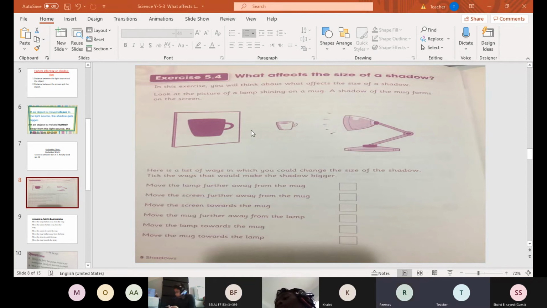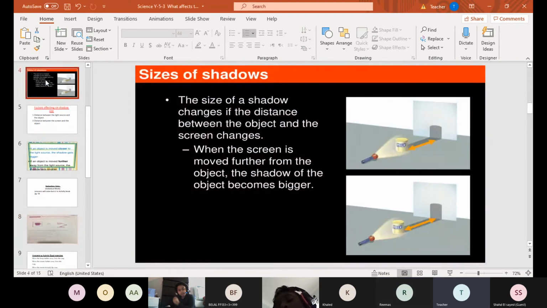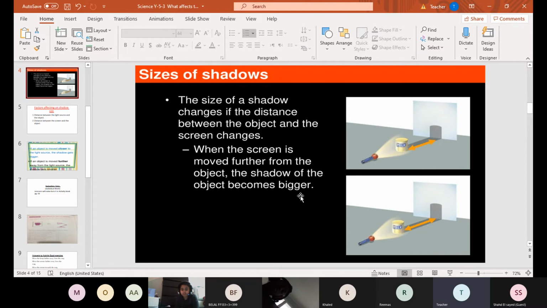Because I got the same answer here when I share my screen with you: the size of the shadow when the screen is moved further from the object, the shadow of the object becomes bigger. So if you move the screen towards the mug, it will be smaller. Is that clear, Khalid?